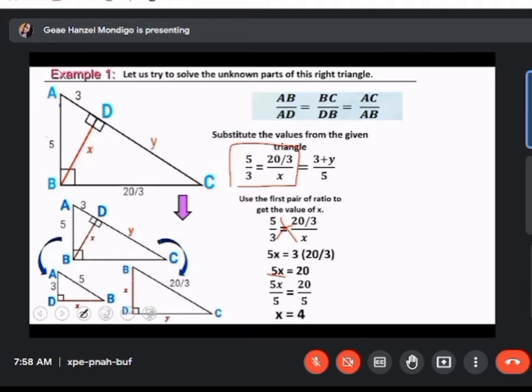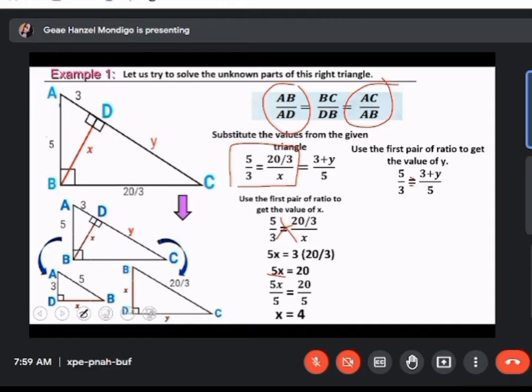Okay, since we have now the value of x, we are going to find the value of y. We substitute the given values using the first ratio and the last ratio. So we have 5 over 3 is equal to 3 plus y over 5. Then cross multiply again.